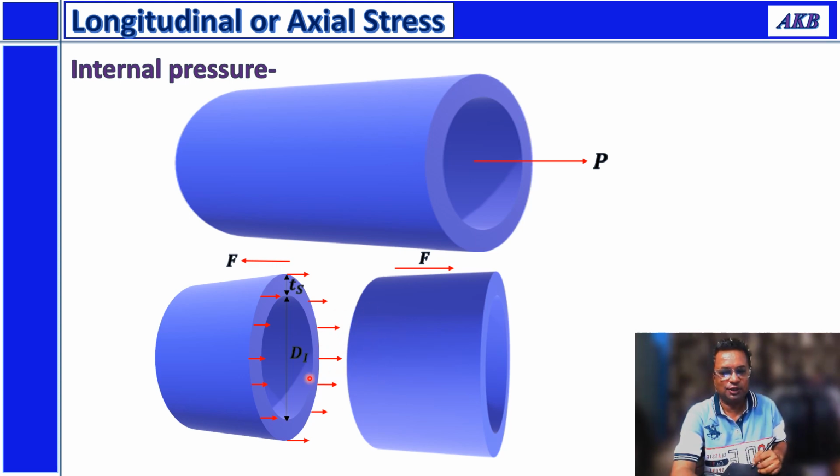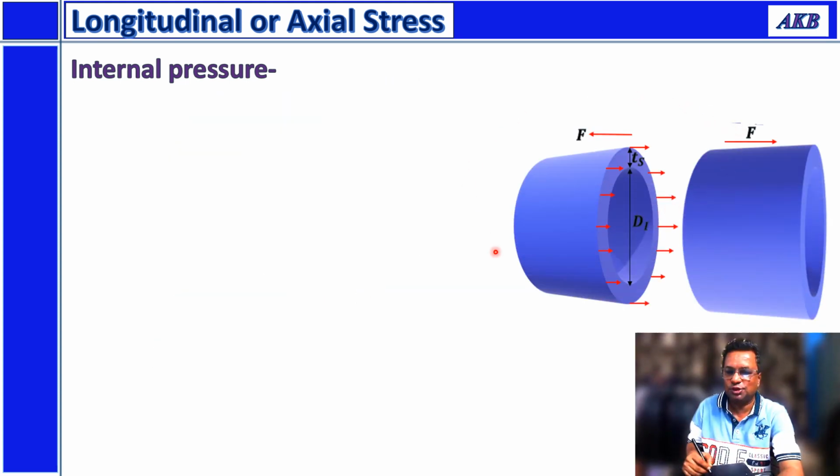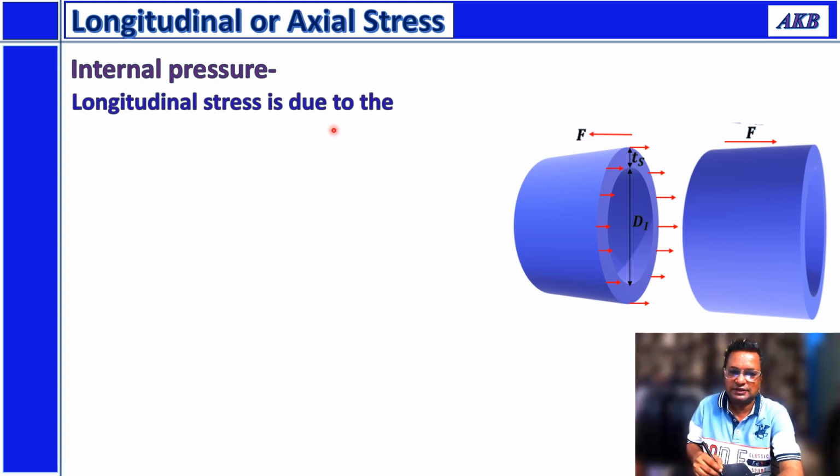And for this particular situation, we are trying to get an expression for the longitudinal or axial stress. So let us understand. Again, I am showing you the diagram. We are talking about pressure acting in axial direction, which is resulting in force F. So longitudinal stress is due to the axial force F that is resulting from P acting in axial direction.